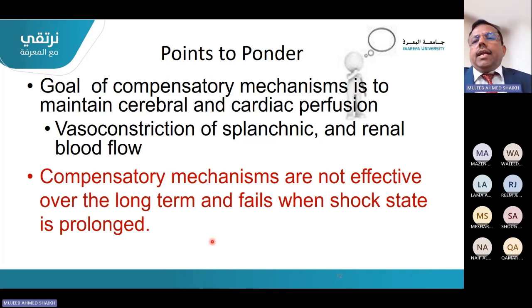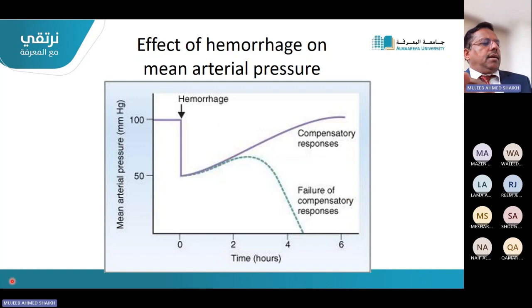So if they are not treated, then the person may land into the next stage, that is called uncompensated or progressive stage. This diagram is showing that if the initially normal mean arterial pressure is, suppose, 100 millimeter of mercury, because of loss of fluid or hemorrhage, the pressure becomes 50 millimeter of mercury.